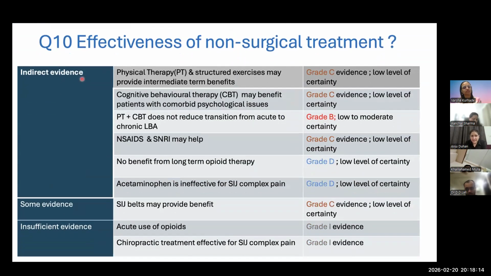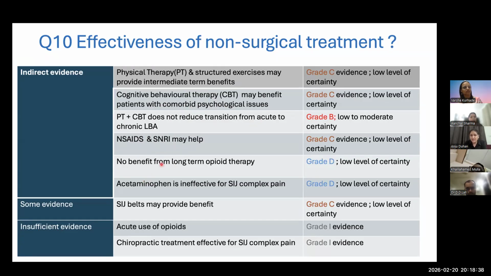There is indirect evidence that physical therapy and structured exercises may provide intermediate-term benefits. Cognitive behavioral therapy may benefit patients with psychological issues. Physical therapy combined with cognitive behavioral therapy does not reduce transition from acute to chronic low backache. NSAIDs and SNRIs may help.